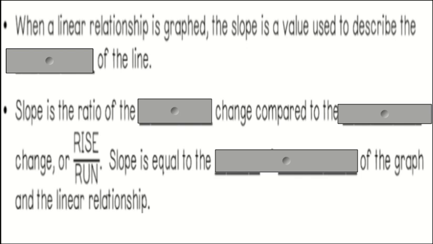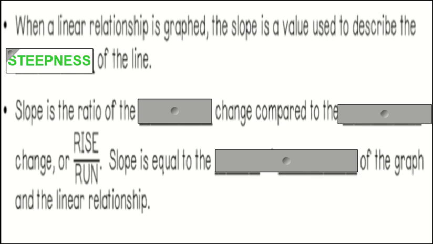So when we have a linear function or a linear relationship that is graphed, the slope is a value used to describe the steepness of the line. So slope is the steepness of the line. It could be positive, negative, whole numbers, fractions, decimals, anything, okay?